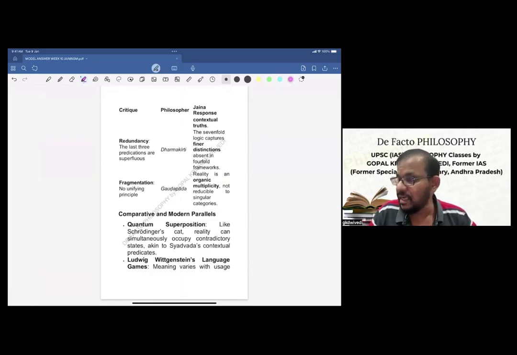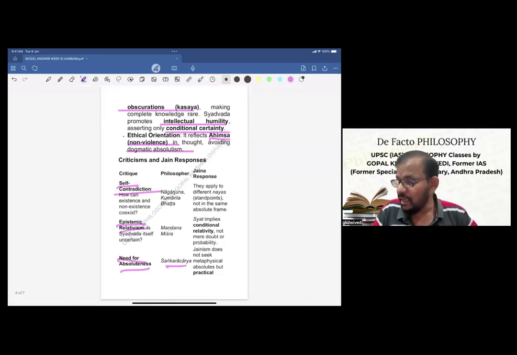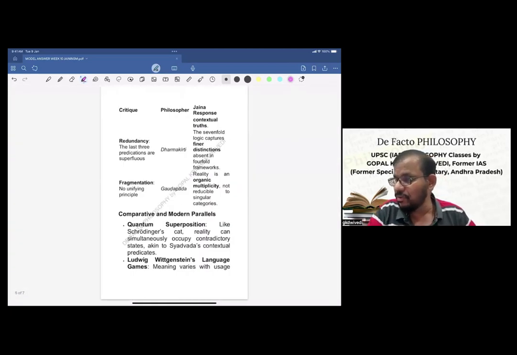Basically, Jainism says we are not talking of absolute truth. We are only talking of practical and contextual truths. Therefore, absolute truth is not required to be known. That is their reply.